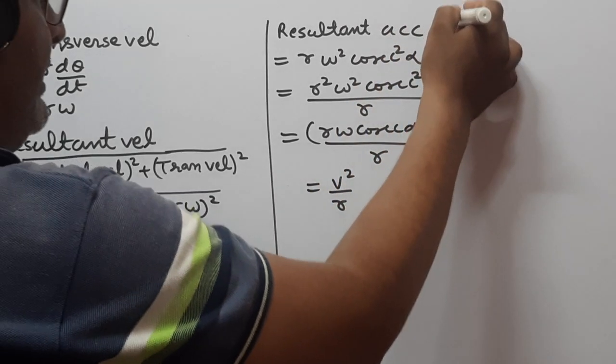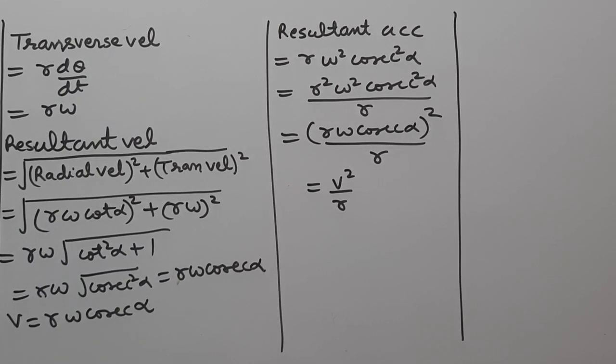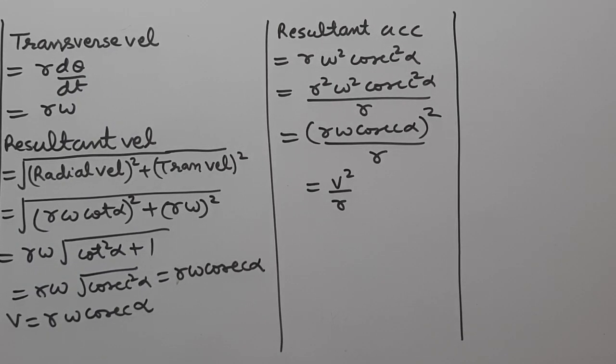Now we find the angle it makes with the radius vector. Let us suppose that β is the angle the resultant acceleration makes with the radius vector.